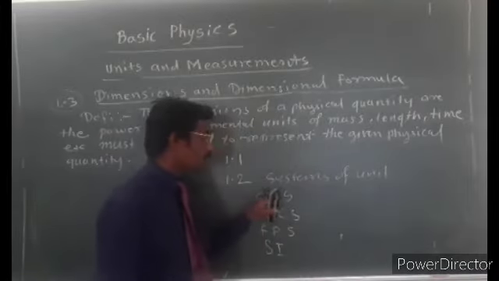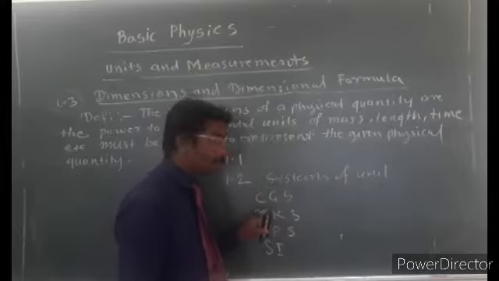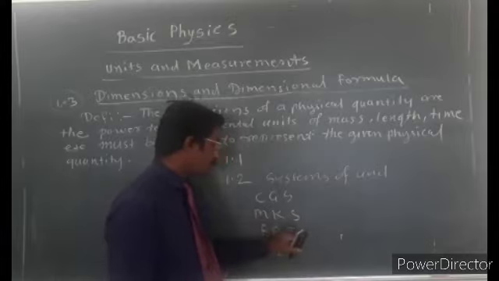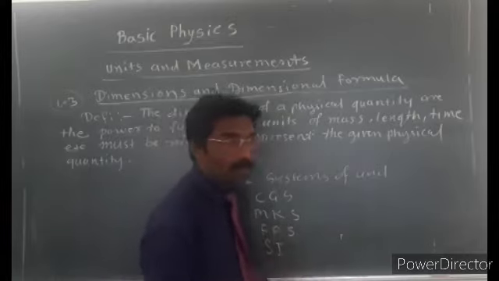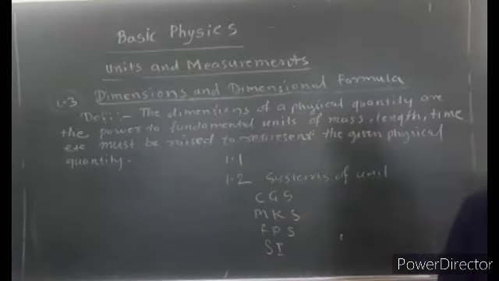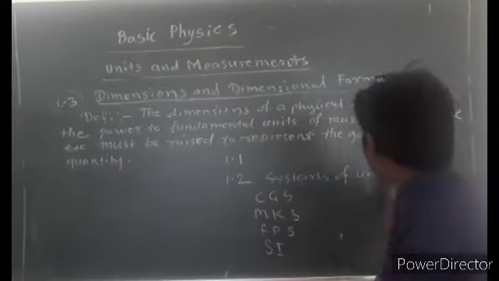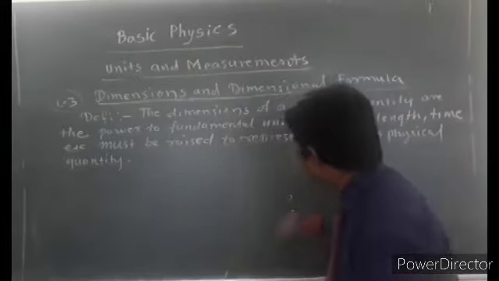CGS stands for centimeter gram second, MKS stands for meter kilogram second, FPS stands for foot pound second. The SI system is the standard international system of units. Such four systems we have already discussed in 1.2.